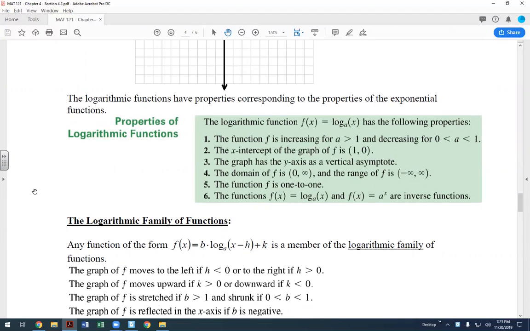All our functions will have x-intercept at 1, 0. Vertical asymptote at the y-axis, x equals 0. Domain is 0 to infinity, not including 0. Range is negative to positive infinity. These functions are 1 to 1 since exponential functions are their inverses, and then just how to transform from a logarithm to an exponential function. Whatever is the base on the logarithm, that same base will be in the inverse function for the exponential.